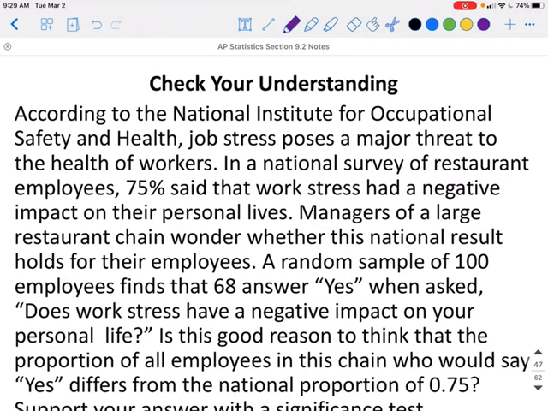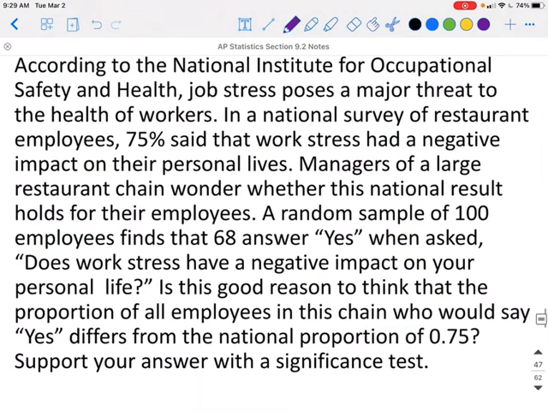So let's check our understanding. According to the National Institute for Occupational Safety and Health, job stress poses a major threat to the health of workers. In a national survey of restaurant employees, 75% said that work stress had a negative impact on their personal lives. Managers of a large restaurant chain wondered whether this national result holds for their employees.